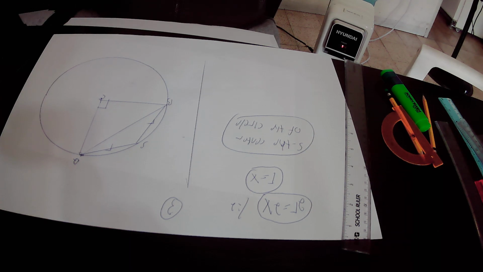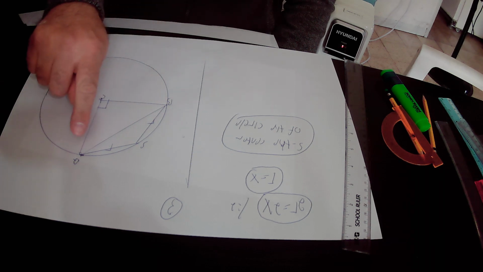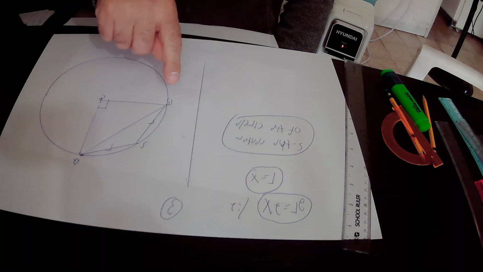Why? Because in our drawing we have peripheral angle BSQ. This peripheral angle BSQ is subtended on arc BQ.